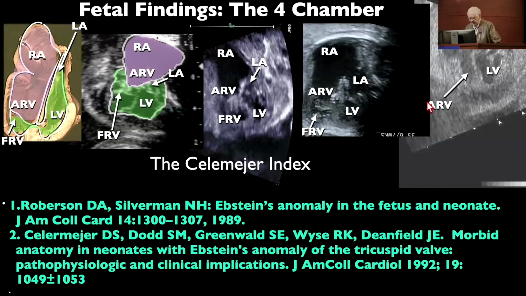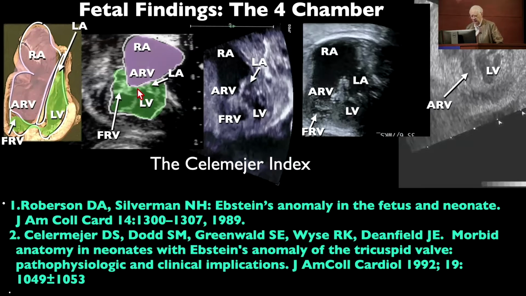Now, the previous speaker demonstrated this condition of the atrialized right ventricle and right atrium as part of the heart, and when this appreciated to a level of greater than 1 to 1 for the rest of the heart, the prognosis of the Ebstein's appeared to be impaired.